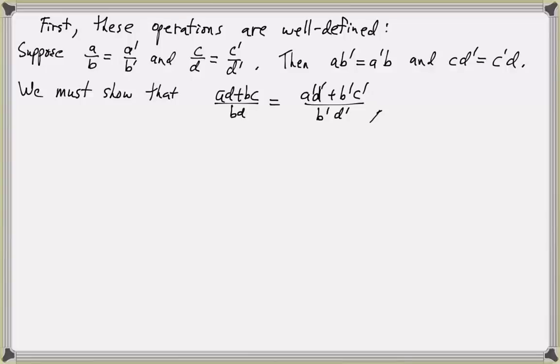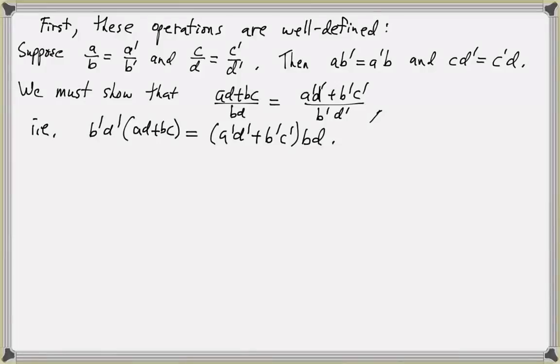And that's the same as showing that B prime D prime times the sum AD plus BC equals A prime D prime plus B prime C prime all times BD.